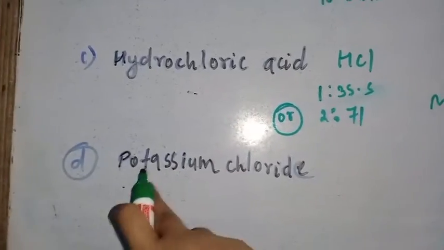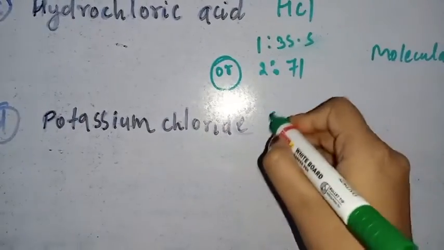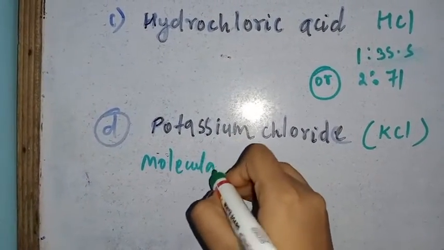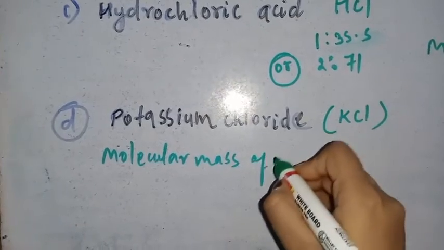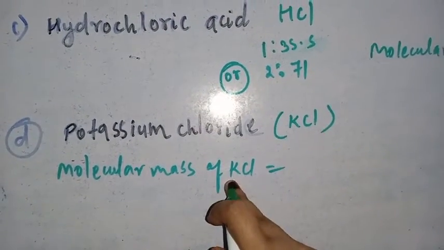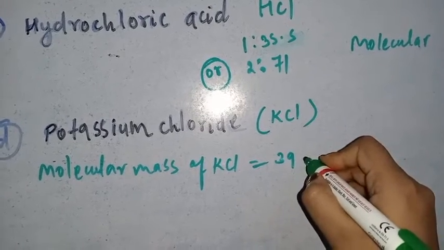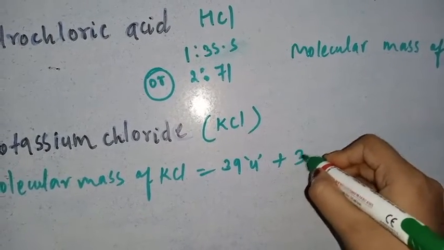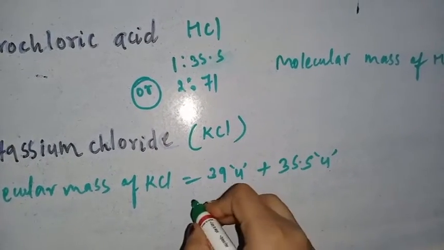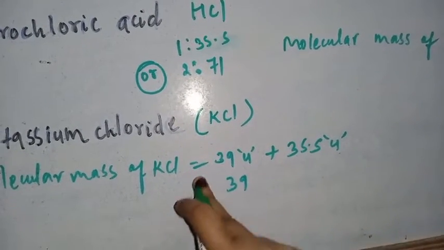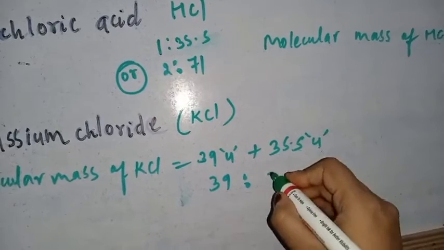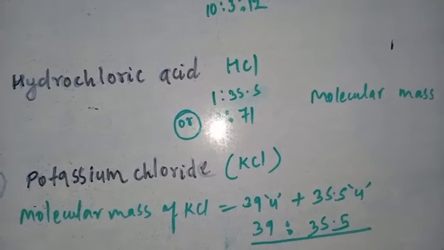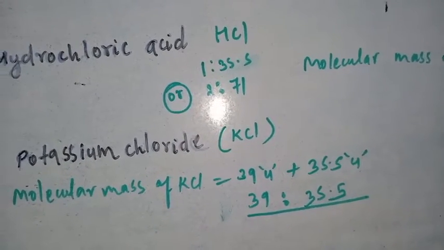Okay, the next one is potassium chloride. Potassium chloride formula is KCl. We will write the molecular mass of KCl is equal to atomic mass of potassium, which is 39 U, plus atomic mass of chlorine, 35.5 U. So the ratio of potassium chloride will be 39 is to 35.5.